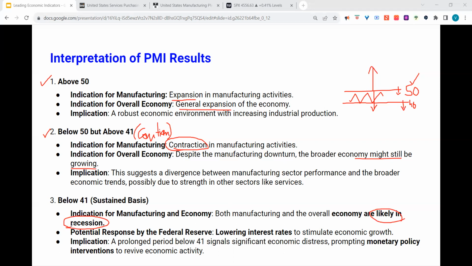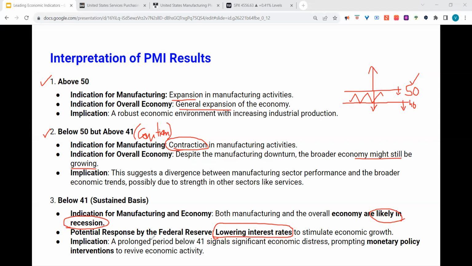Just think of it from a policymaker's perspective also: what could be the potential response from the Federal Reserve, or any central bank? They will start thinking of lowering the interest rates. If the interest rates are high, they will think of cutting them so that this can spur economic activity and manufacturing in particular.